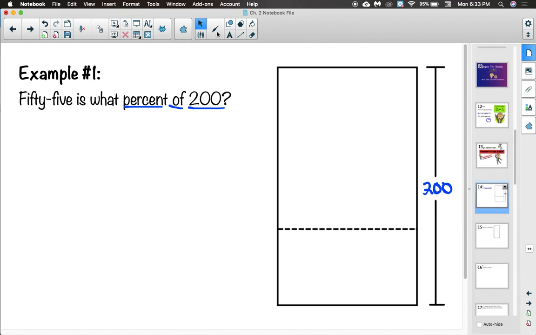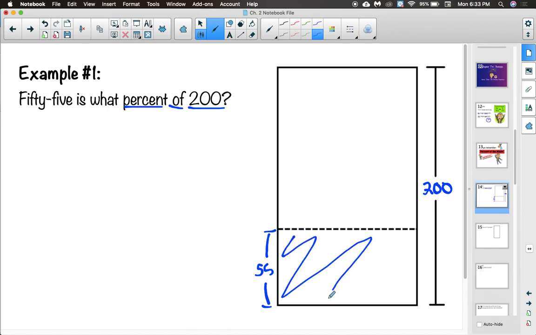Not a whole lot of fill in there, but we fill it up 55 ounces. So what we're asking now is what percent full is that container? We've got 200 ounces that the container can hold. We fill it up 55 ounces, and we want to know what percent does that 55 make up.